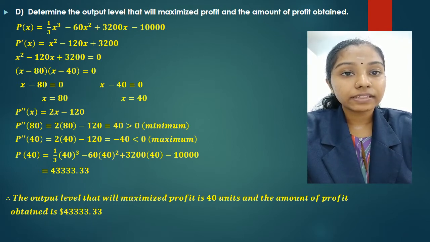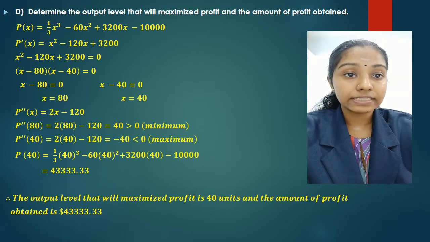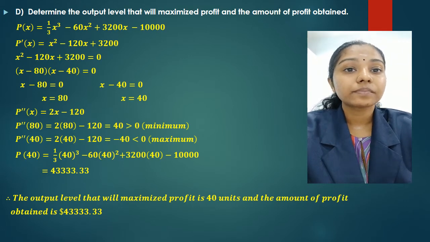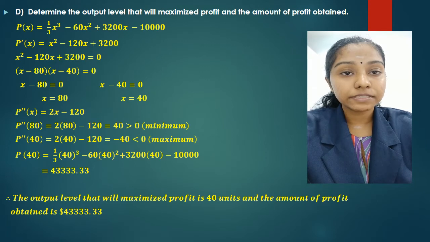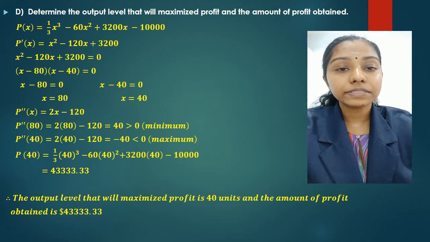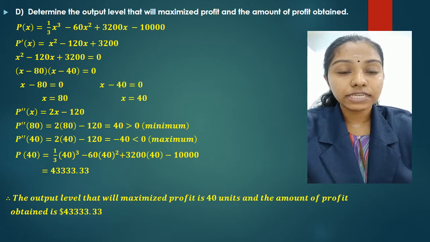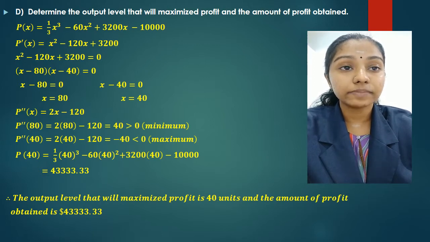From there, we can find that x equals 80 and x equals 40. The second derivative function of the profit function is 2x minus 120. So we should substitute 80 and 40 in this equation. By substituting 80, we'll get 40, and by substituting 40, we'll get negative 40.